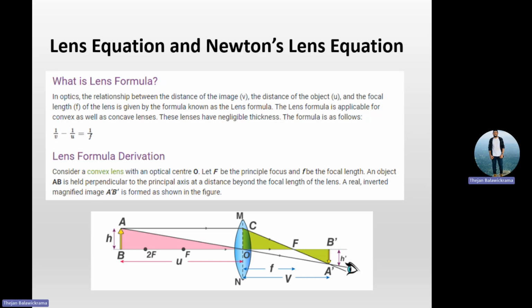In a practical, if you can see, they have colored two different triangles for this. One triangle is this one.